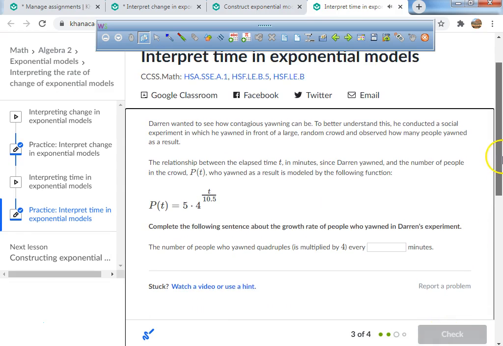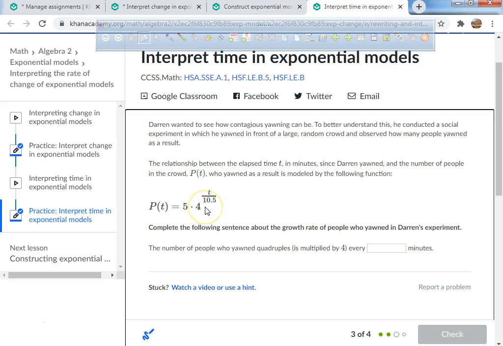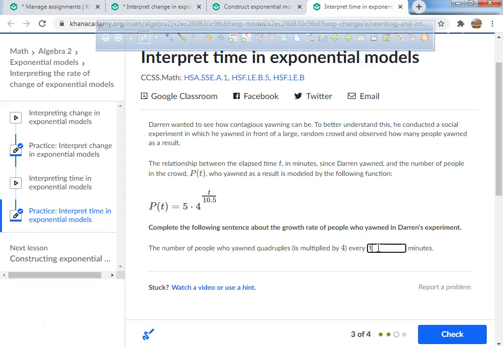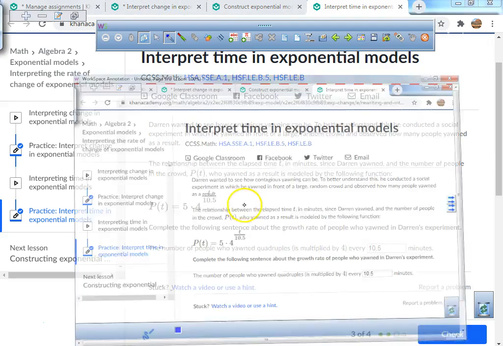Right now, if you look at this, it's quadrupling. It's a factor of 4. It's not every minute. How many minutes will it take before you can multiply this by a factor of 4? What number would I have to plug in there? A total of 10.5. It takes 10.5 minutes before this becomes 4 to the power of 1. So if you're kind of confused about what's happening, I'm just going to do one more thing.